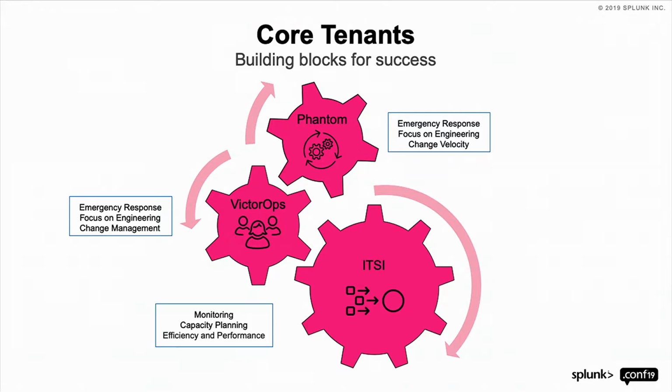To make sure that you're doing targeted emergency response, focusing on engineering, and then change management as well. And then lastly, Phantom is for those known conditions in emergency response, as well as that focus on engineering. So again, we'll talk about this all more in just a moment.